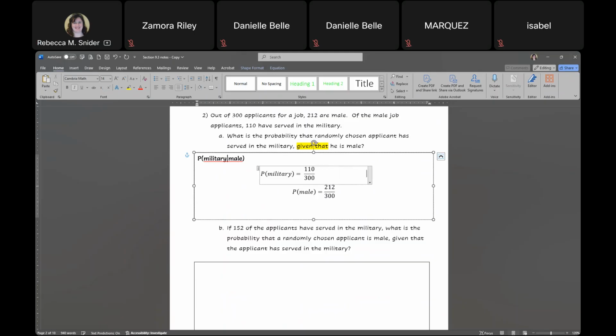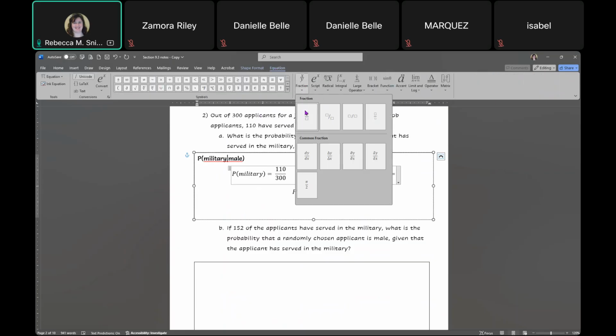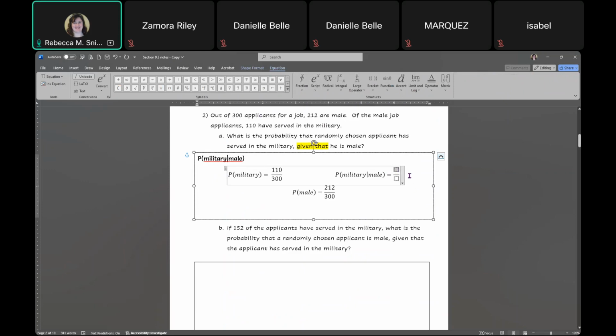And so what we're going to get here is that the probability of military given male is going to be set by, again, finding my fraction, where my top number is going to be my military. So this is going to be the 110 over 300.